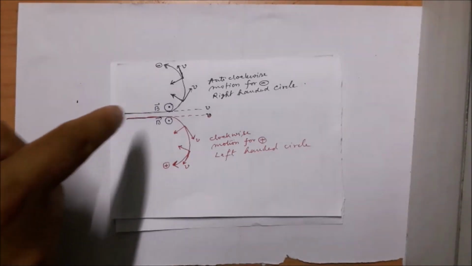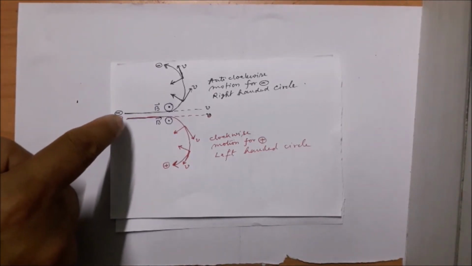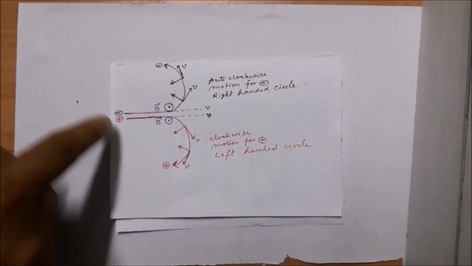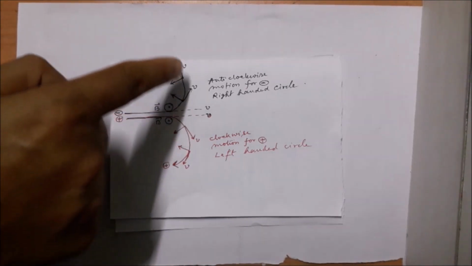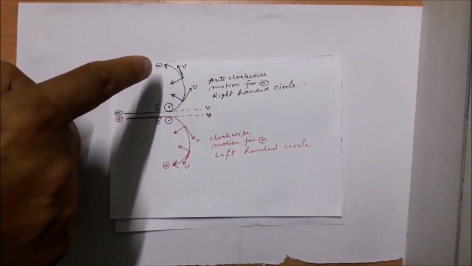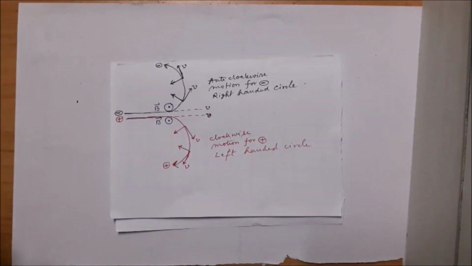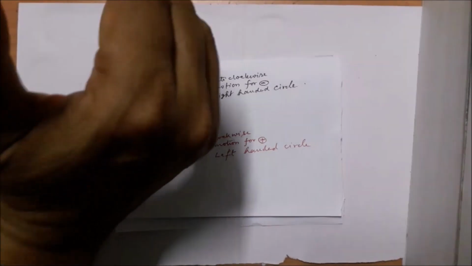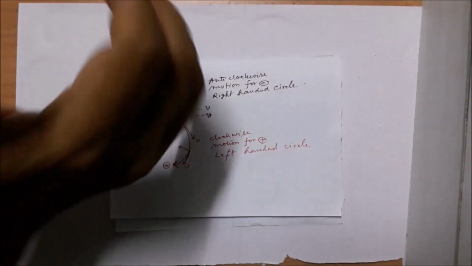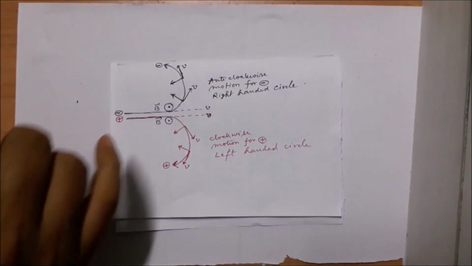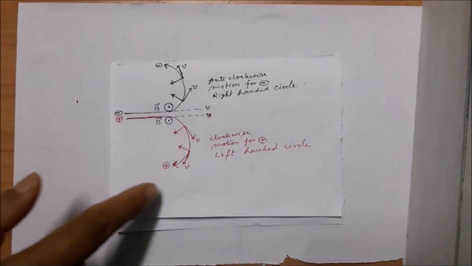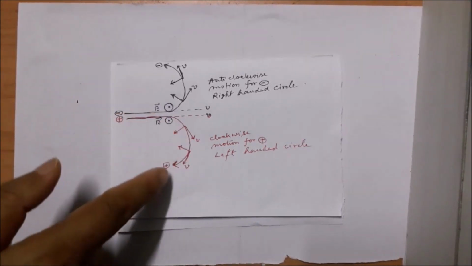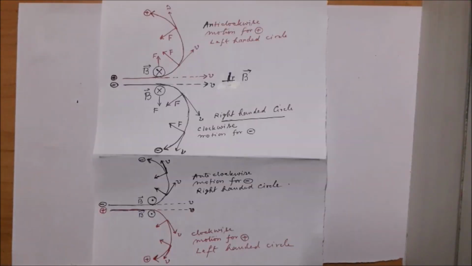Clearly, now the positively charged particle has a clockwise motion while the negatively charged particle has anti-clockwise motion. And regarding the handedness, if the thumb is along B, then now we find that the negatively charged particle executes a right-handed circle while a left-handed circle will be executed by the positively charged particle. We can compare the two diagrams if we keep them side by side.